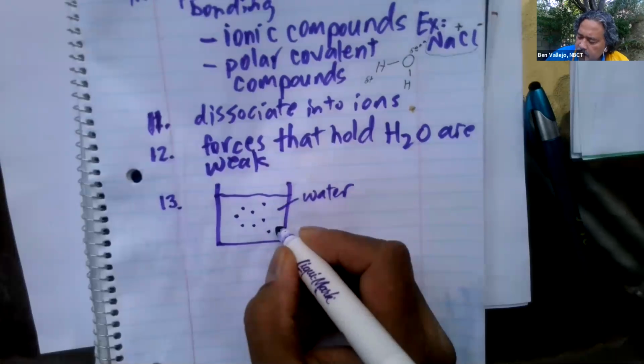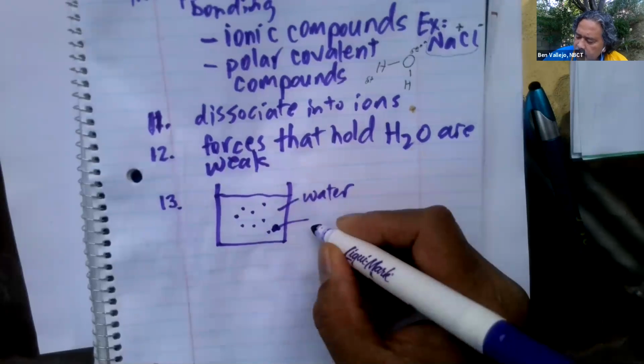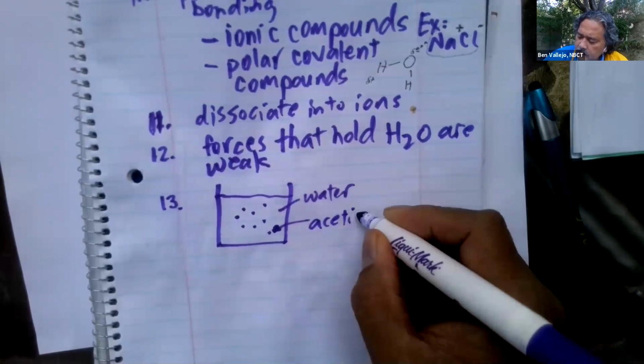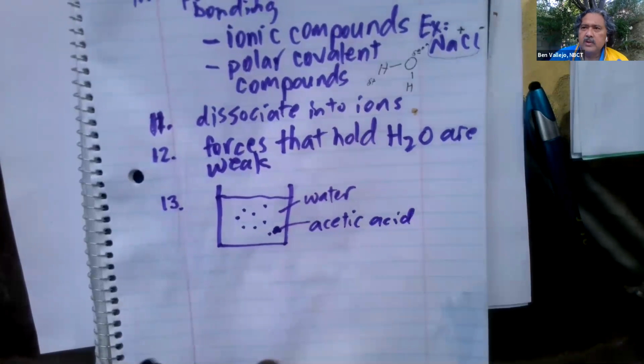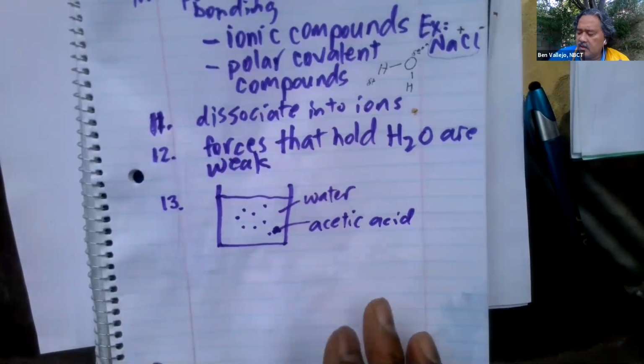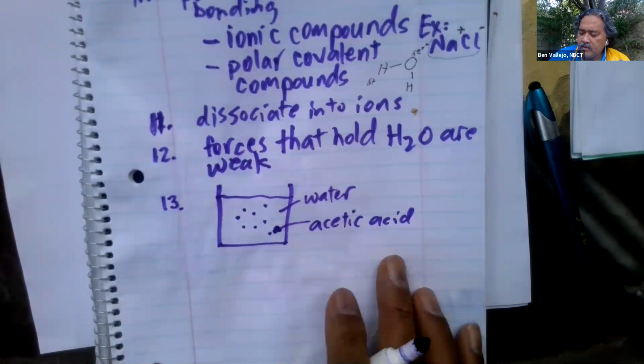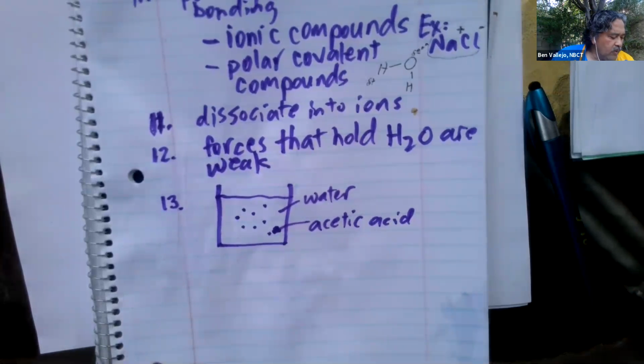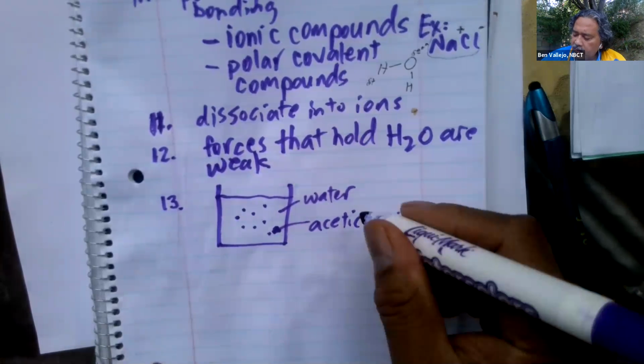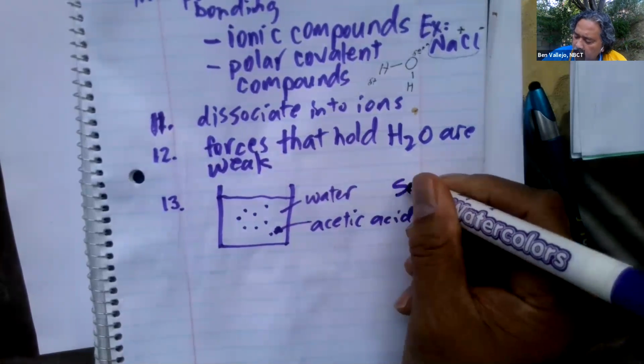What's the chemical? The chemical right there is acetic acid. So because the chemicals are dissolved in water, we say that the solvent in this case is water.